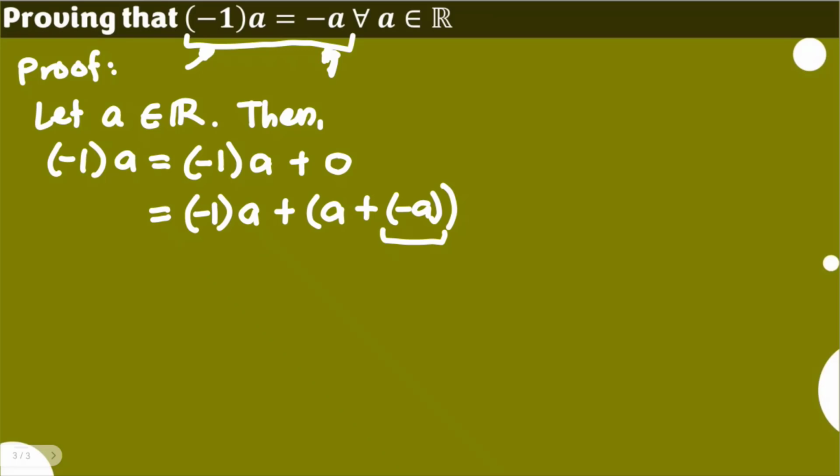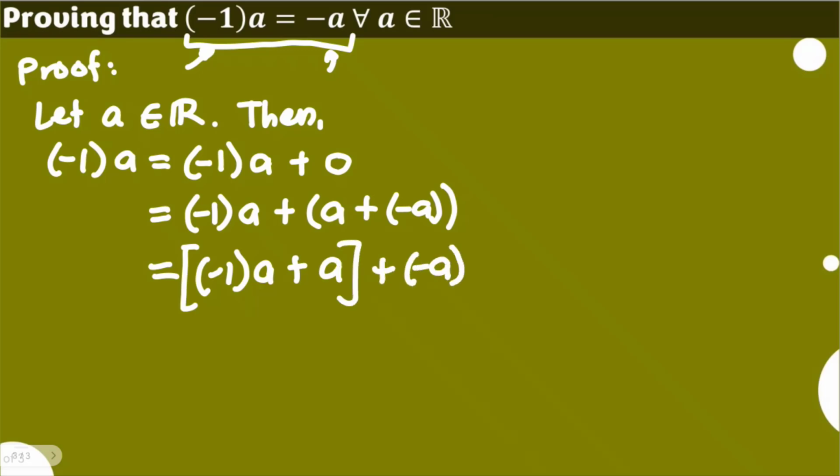So again, we are going to use here the associative property of addition, where we regroup them using the first. So we have here, let me use bracket in this case. You have -1 times a plus a, the positive, then you will have here plus -a on this side. We have used here again the associative property of addition.